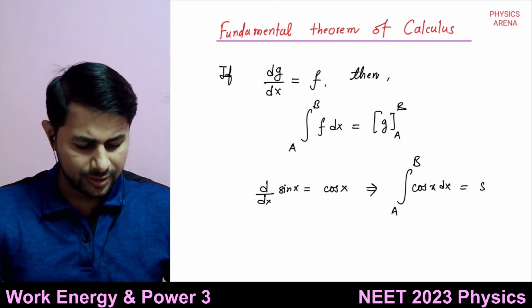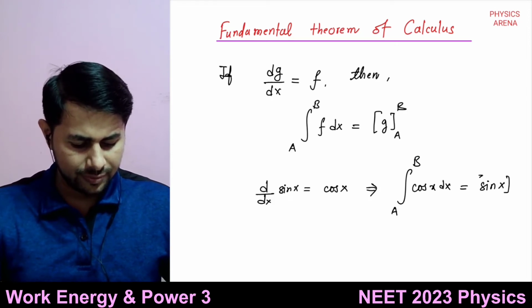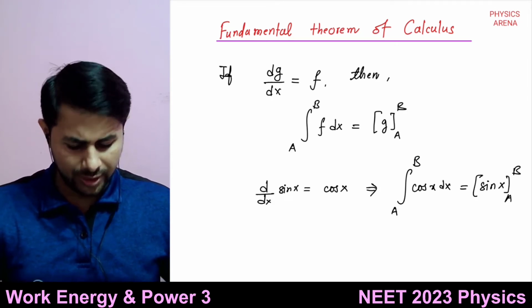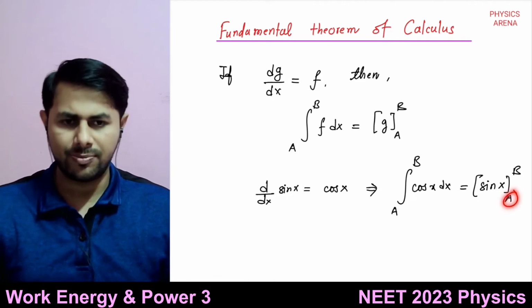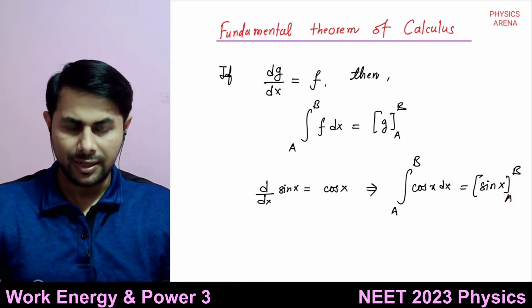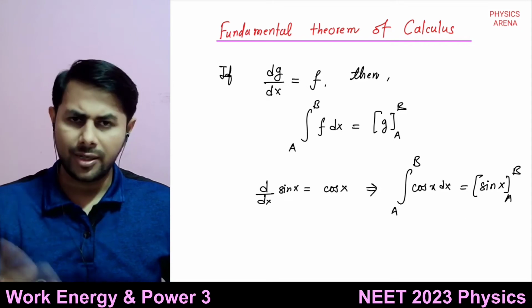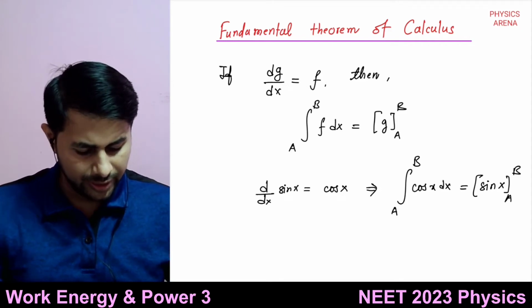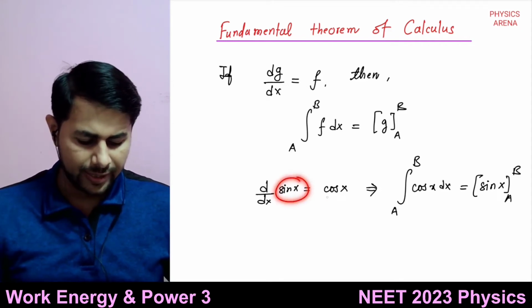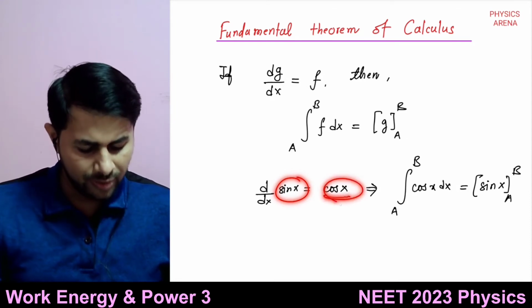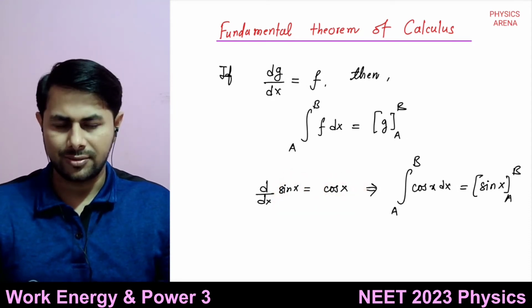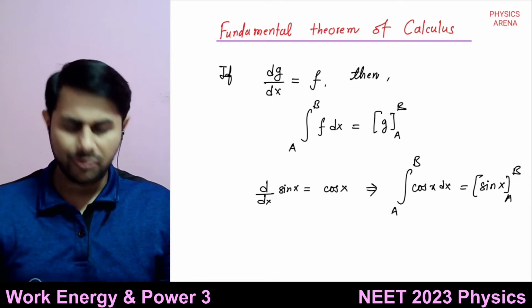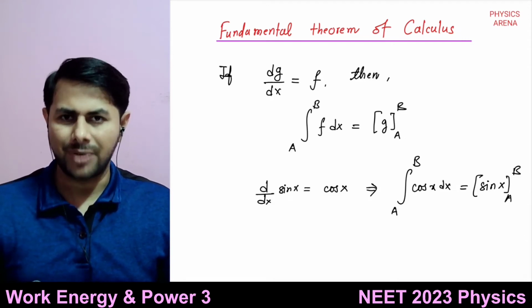It is sine x, with lower limit a and upper limit b. So if the derivative of sine x is cos x, the integral of cos x will be sine x. We can use this fundamental theorem of calculus.